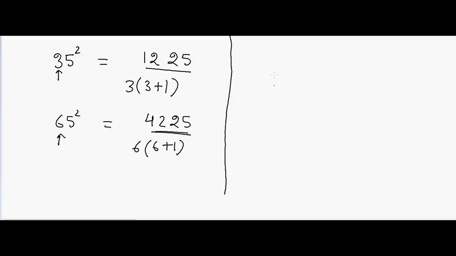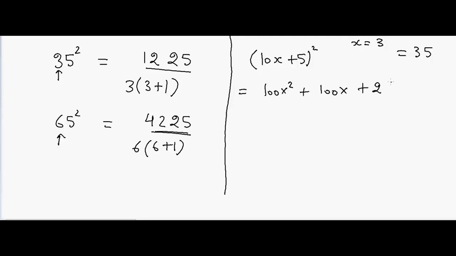Suppose we have any number which ends with 5. That number can be written as 10 into x plus 5. Here, if x is equal to 3, then this number will be equal to 35, right? So if we have 10x plus 5 and we want to square it, that will be equal to 100x squared plus 100x plus 25.